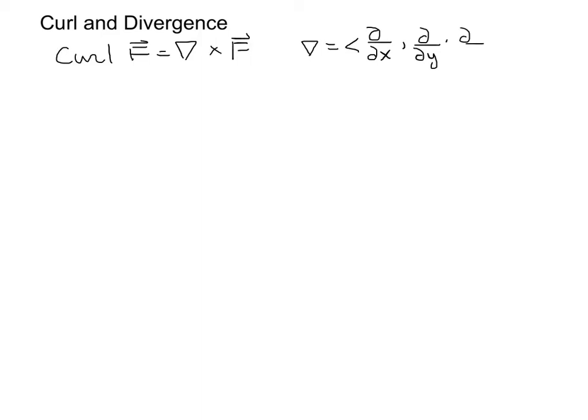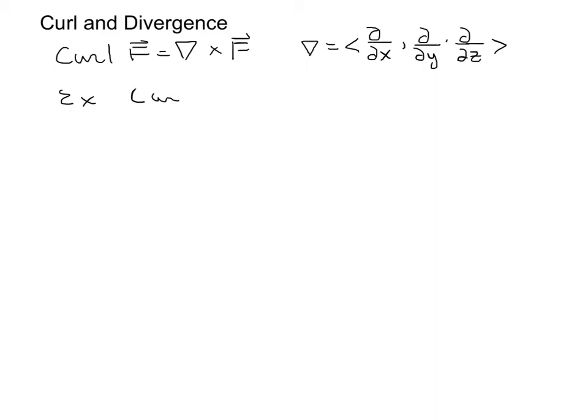We're not actually taking partials of any functions yet. This is just a gradient all by itself. So this gradient is given by this formula, and we're going to cross that with the vector field. I think this is easiest done with an example.